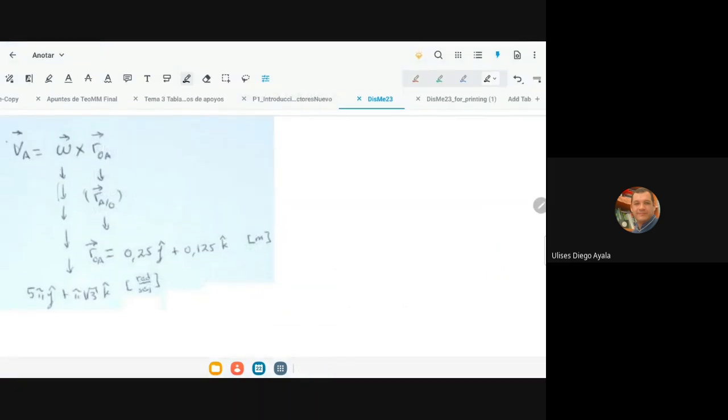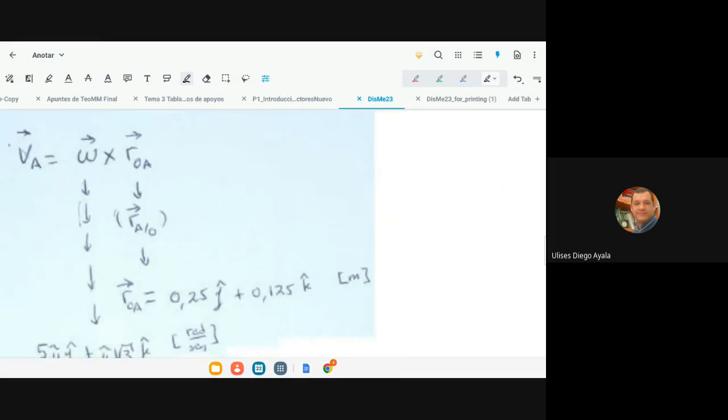So you have here velocity in A, applying the equation, you have this, and then you have the values. The vector position, el vector de posición, usually you call it OA or A with respect to O. These are two ways you say the same. And this is the value in lower letters, minúsculas. El eje de las minúsculas.